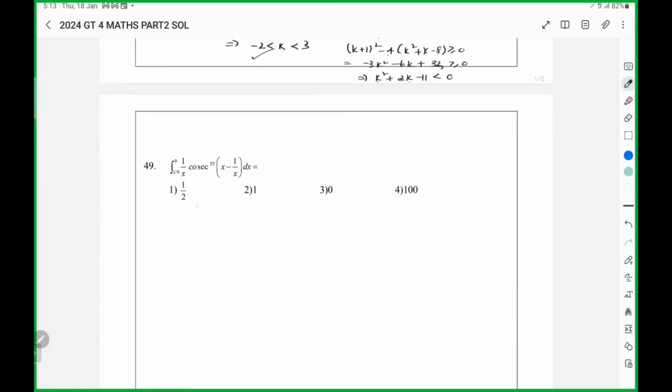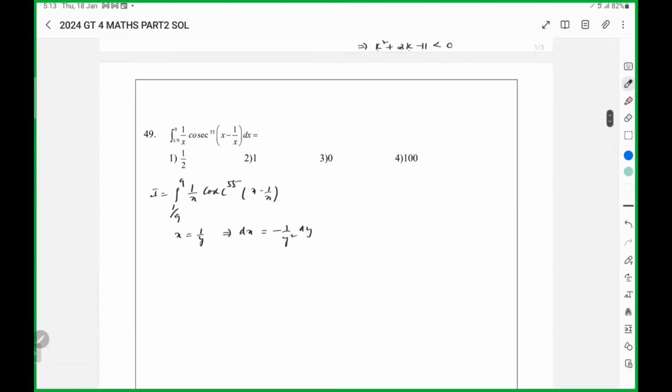Here, let us say this integral is 1 by 9 to 9, 1 by x cosecant 55. So with careful observation, you replace x with 1 by y. Dx is minus 1 by y square dy.